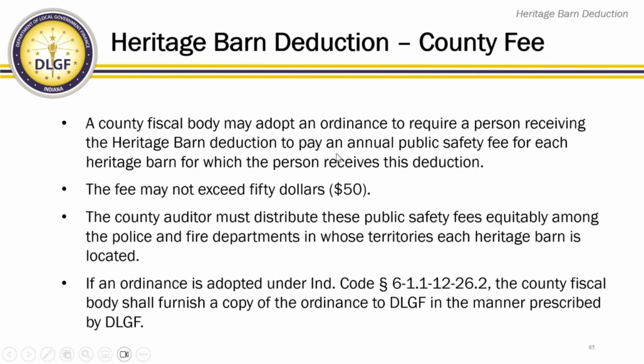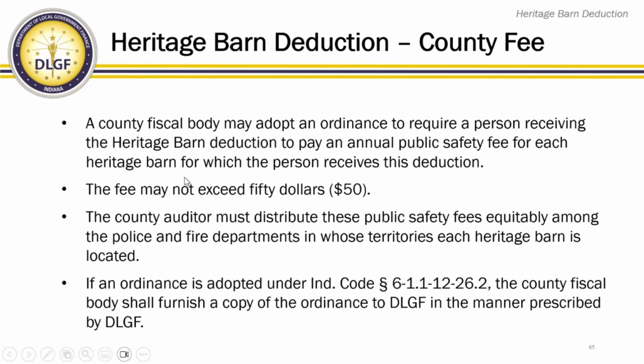Next. The county, under state law, also has the option to impose a fee. It's called a public safety fee, not to exceed $50, on owners who are receiving this deduction for the Heritage Barn.